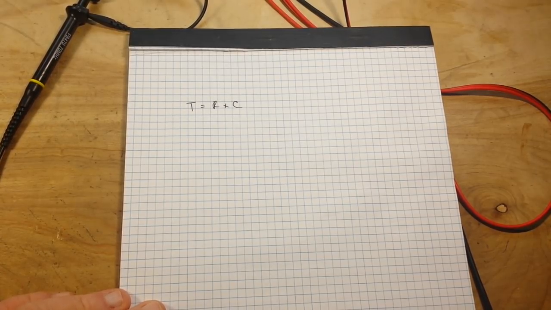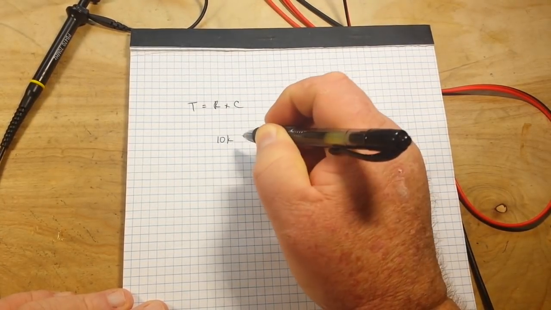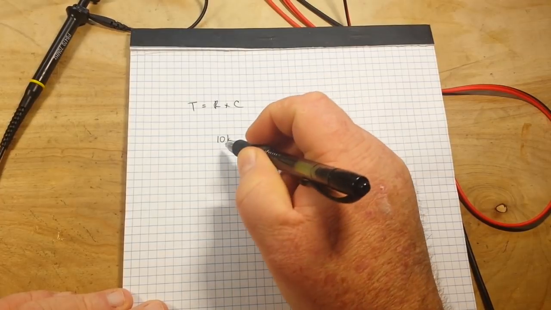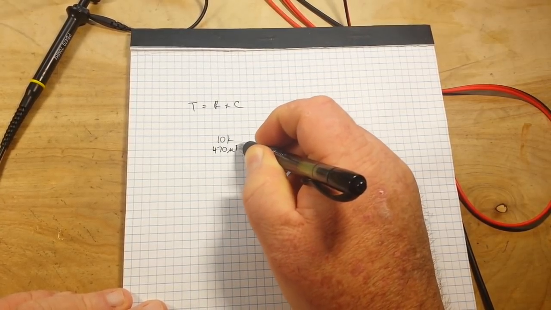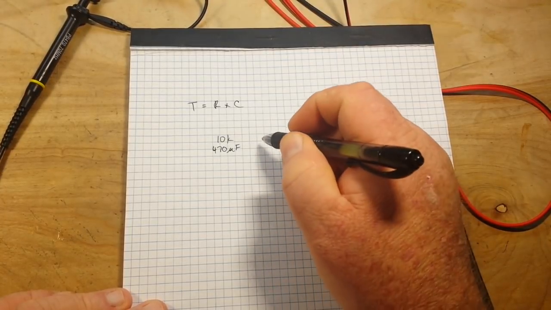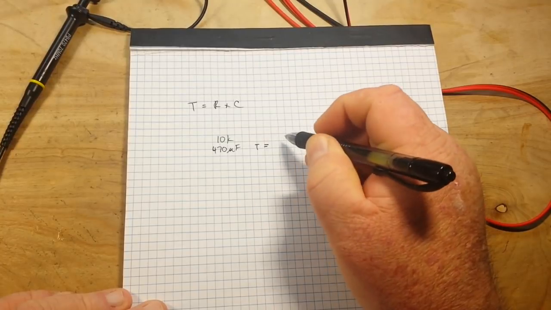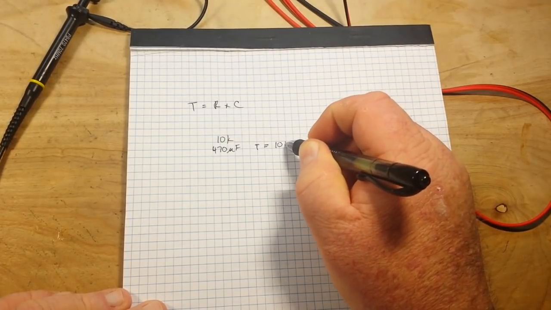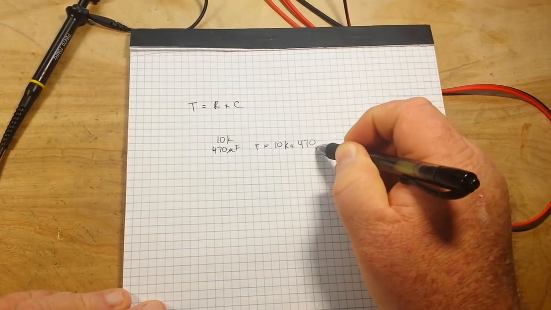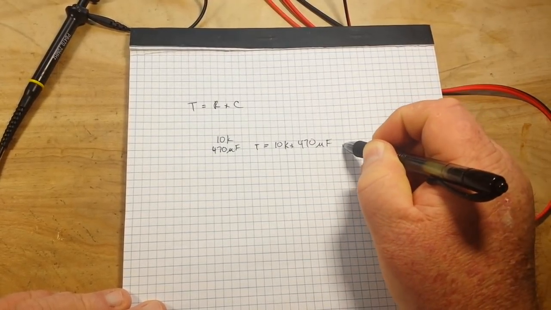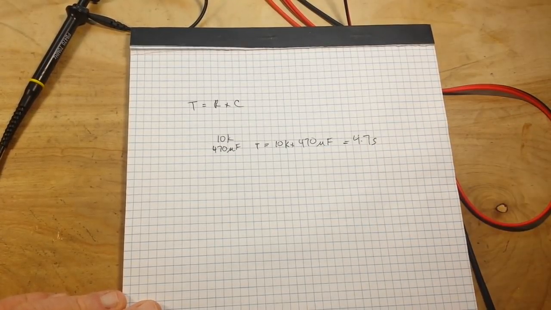So for instance, let's say we have a 10K resistor and a 470 microfarad capacitor. In that case, T equals 10K times 470 microfarad, or 4.7 seconds.